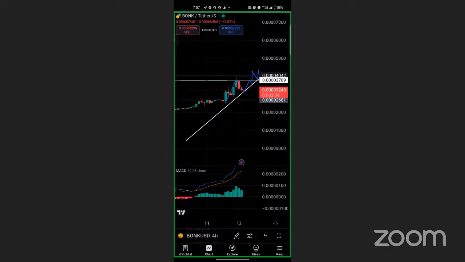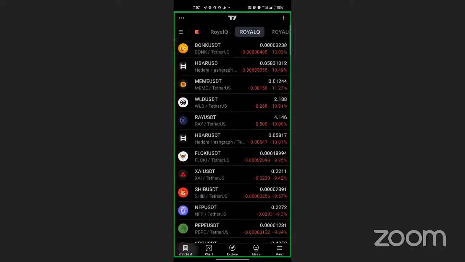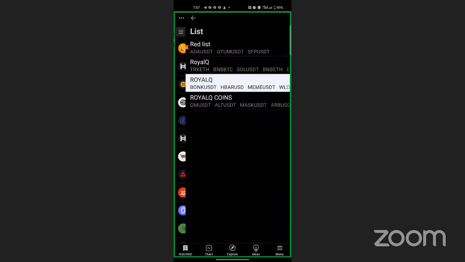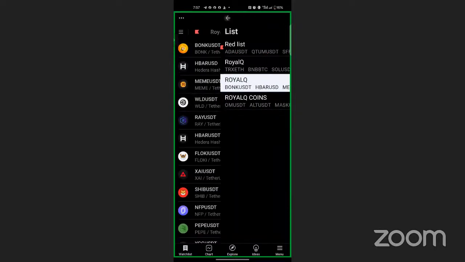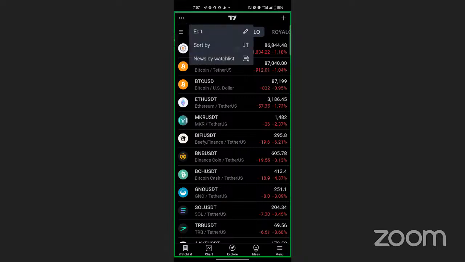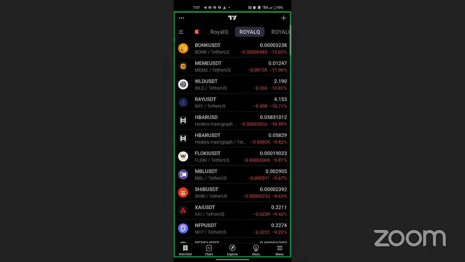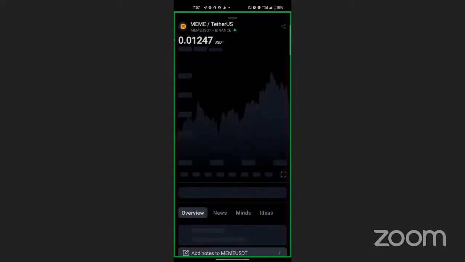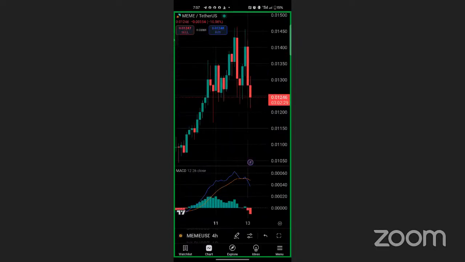Now, when markets move from below, because market direction is very key. Market direction is very important.